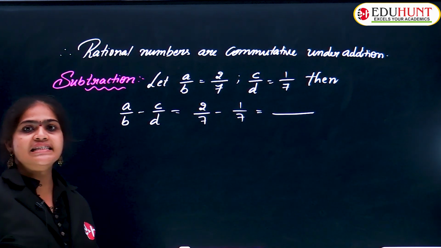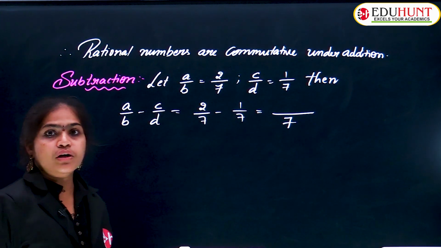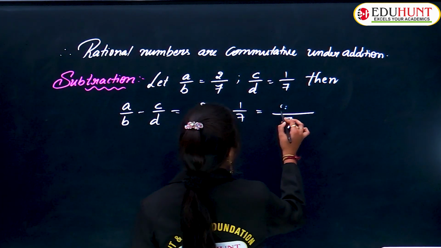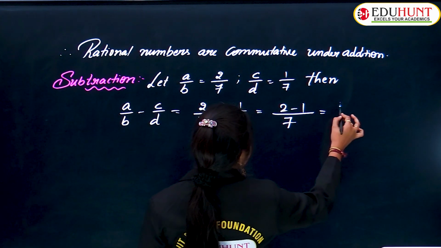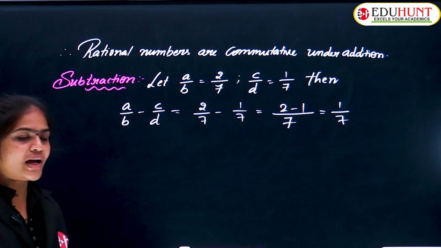Those two have the same denominator, so the denominator is 7. And the numerators are 2 minus 1, which is 1. So we got the resultant as 1/7.